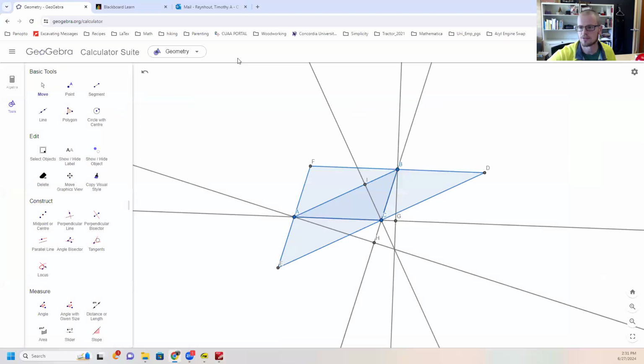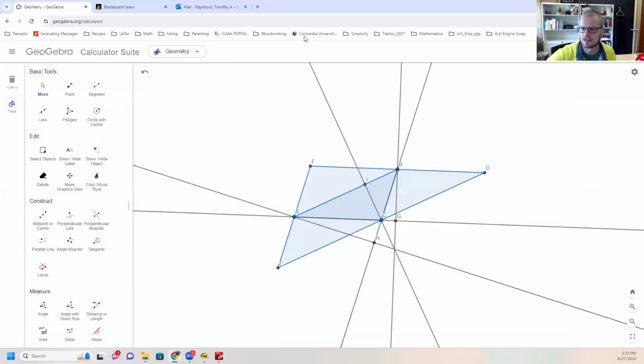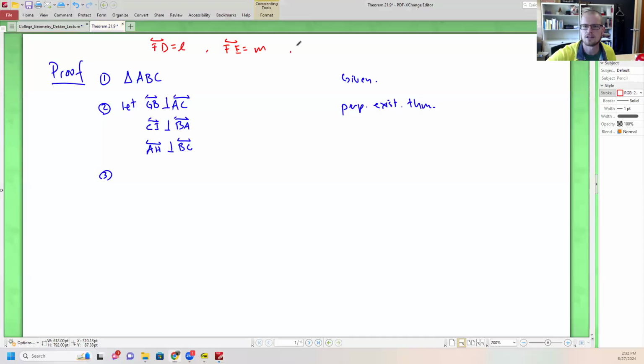Let's call FE M. We're saying that these are essentially names. And then ED we'll call N. So this will allow us to refer to the parallel lines at this point.